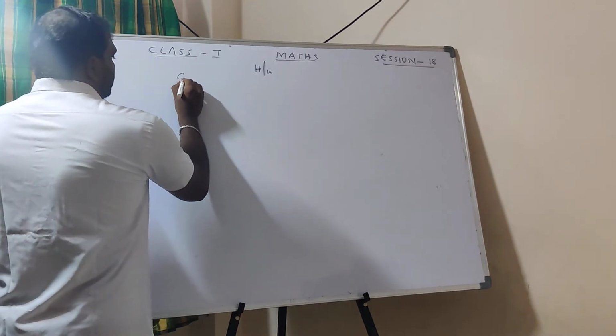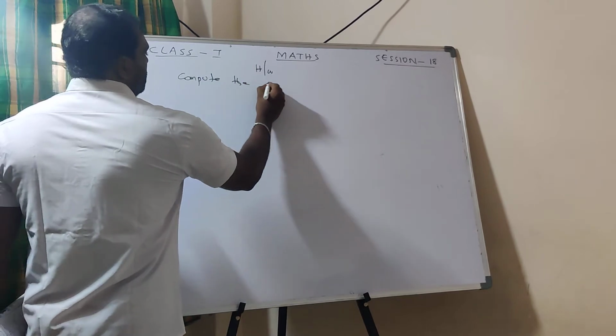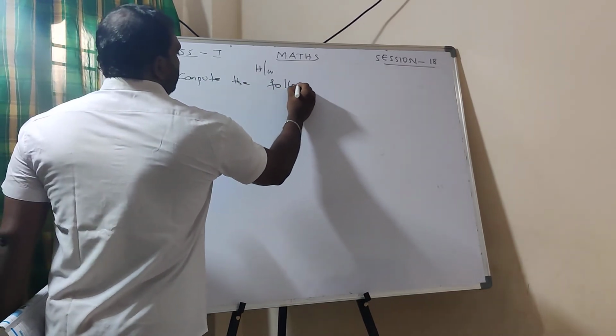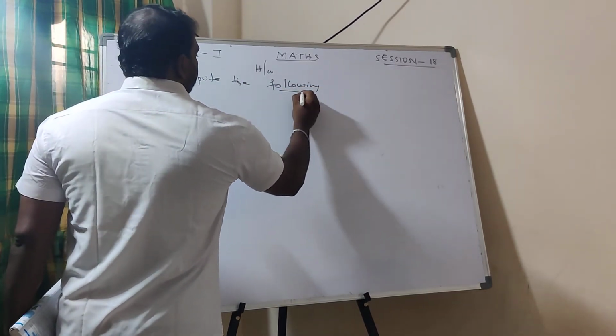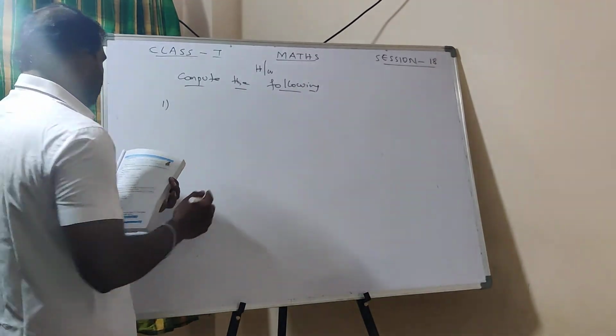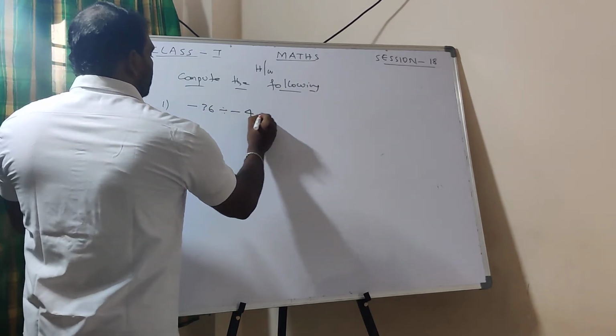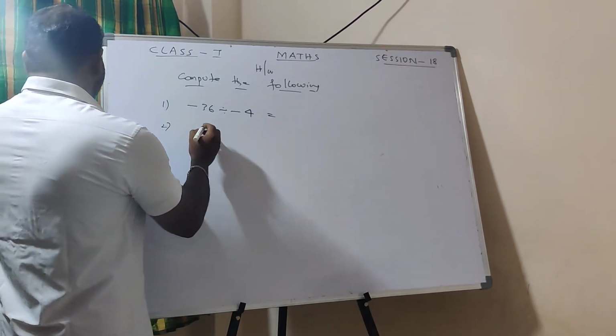So the question is, compute the following. Right. So the first one is already given in your textbook, that is, do this. Minus 36 divided with minus 4. Next, second question.